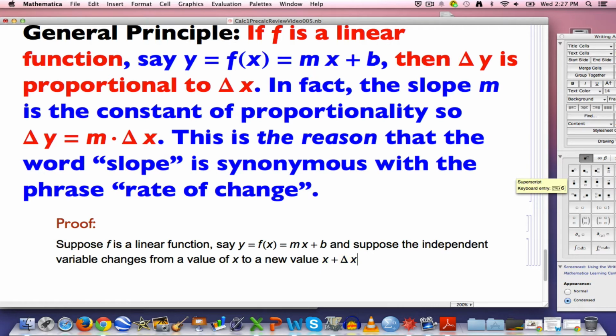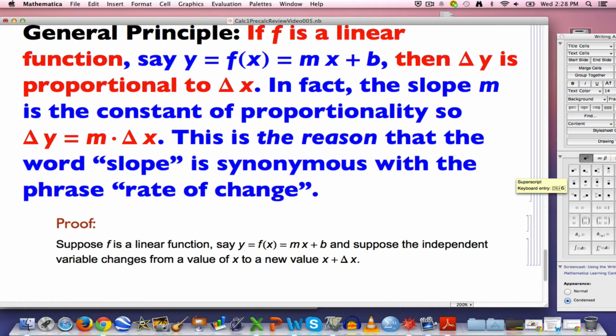Okay? This language of change is not real precise, all right? That's okay. It's very suggestive visually of what you want to imagine. You draw a number line, you mark a point x off, and you imagine x changing by an amount delta x. If delta x is positive, it moves to the right. If delta x is negative, it moves to the left.